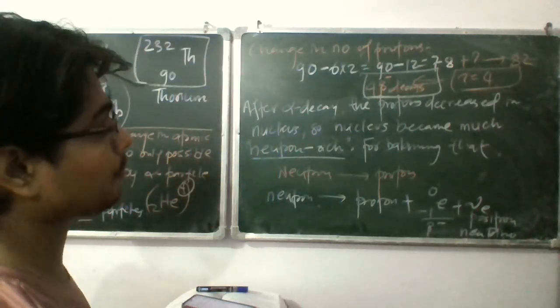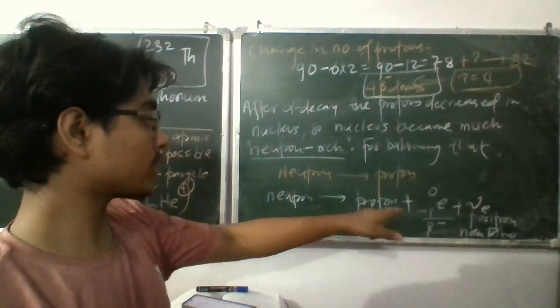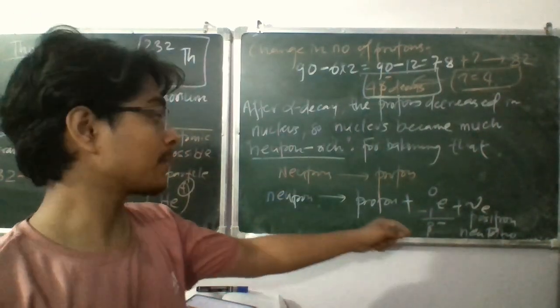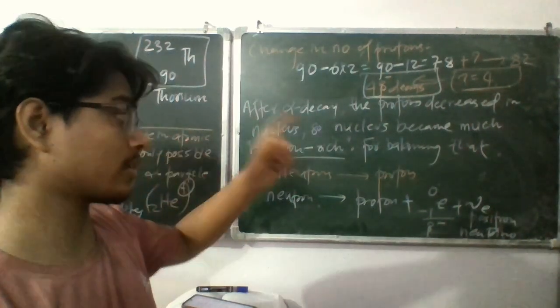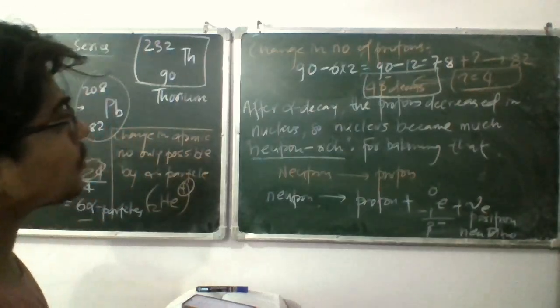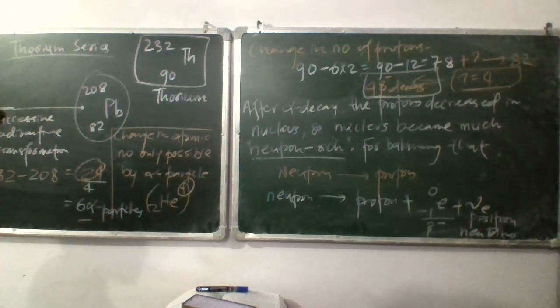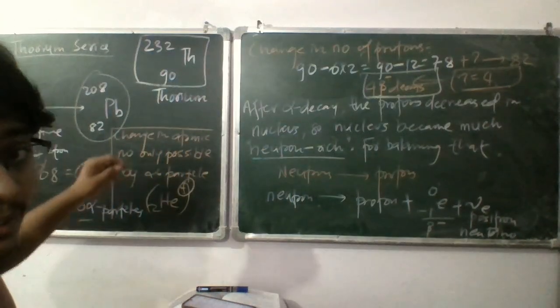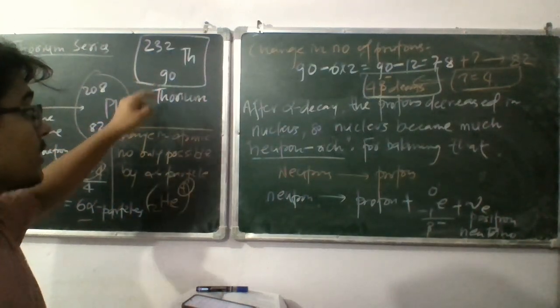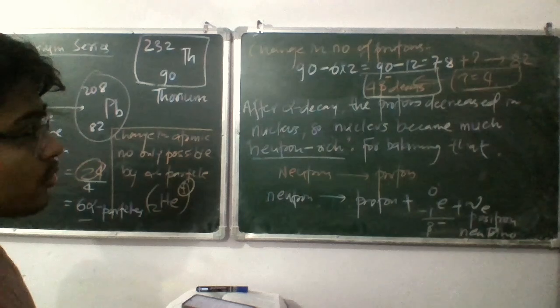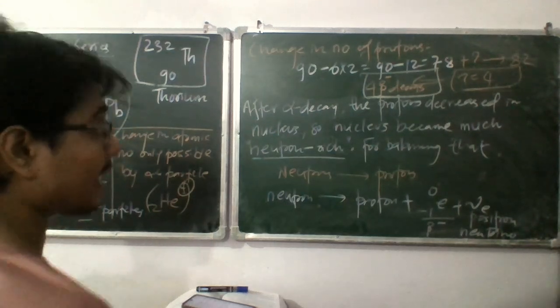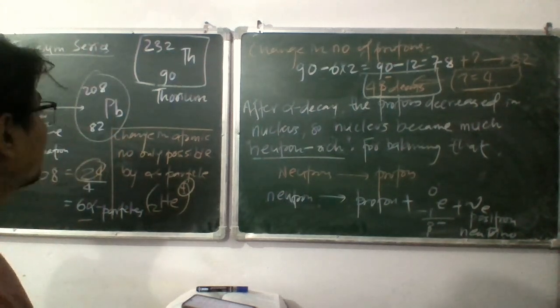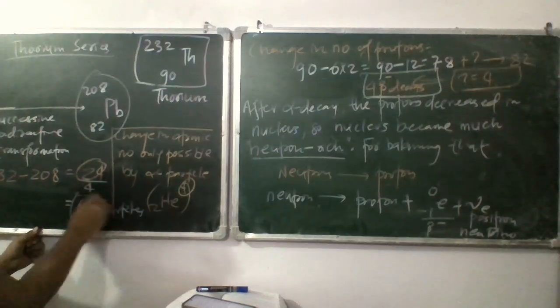So this is how it happens, and these are the other things that are produced when neutrons are converted to protons. If you see the total change in the number of protons, you can understand this by knowing that thorium originally has 90 protons in its nucleus, and 6 alpha particles have been ejected.